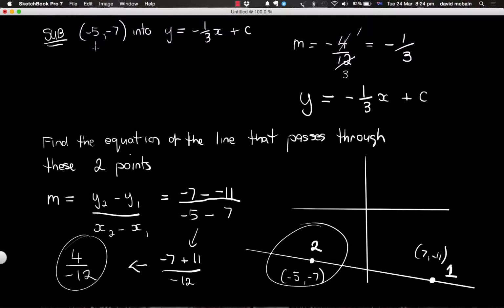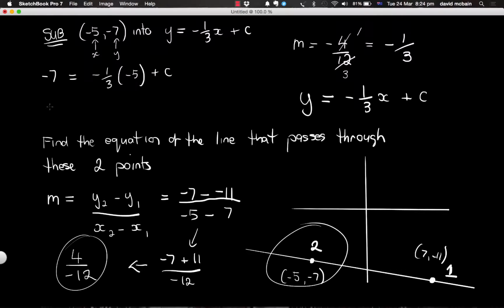So remember, there's our x value and there's our y value. So it's going to be -7, there goes our y, equals -1/3 times, now x is -5, plus c.